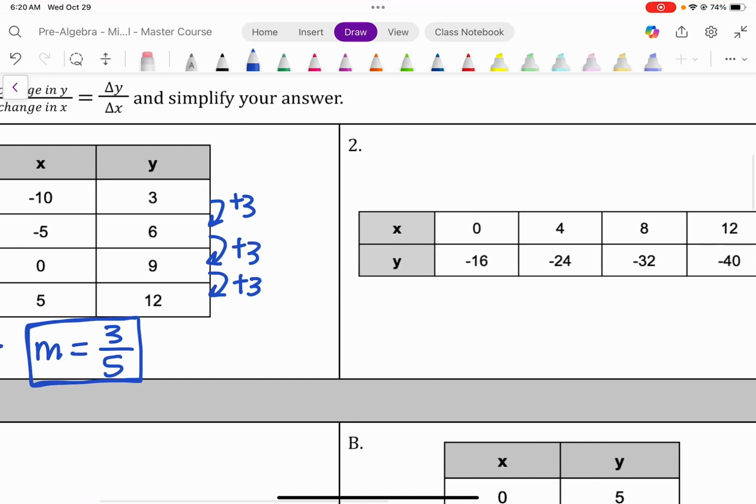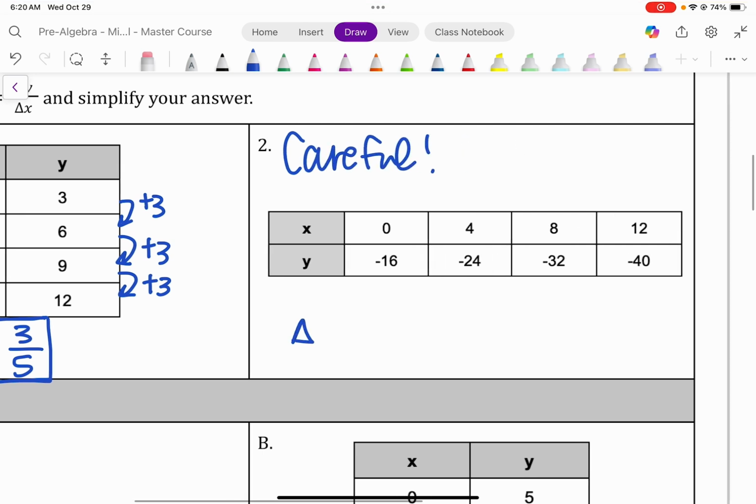Now this table is horizontal, so I want you to be careful, because we still have to do the change in the y values over the change in the x values. I always want you to do the y values first. These y values, to go from negative 16 to negative 24, we're subtracting 8. Those numbers are getting smaller, so we're subtracting.